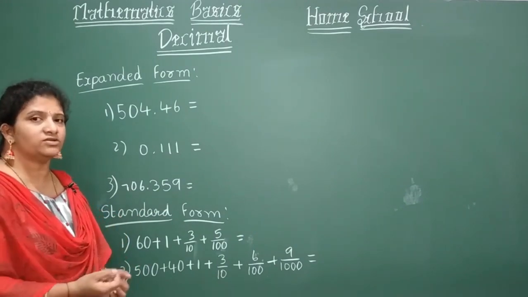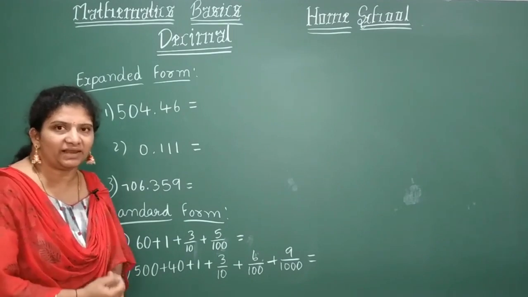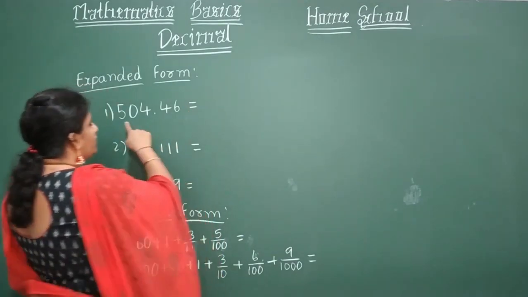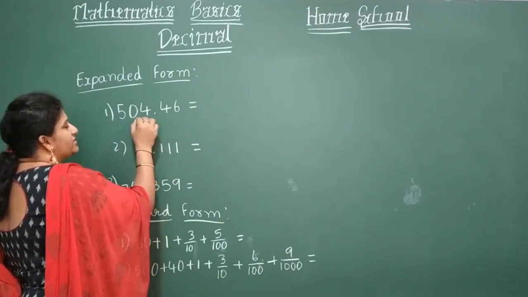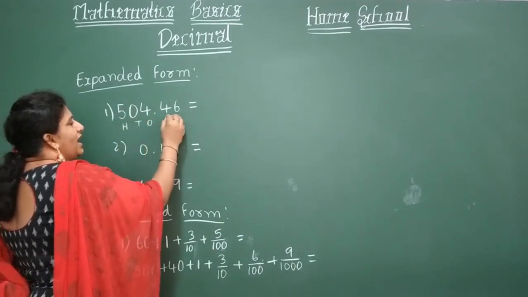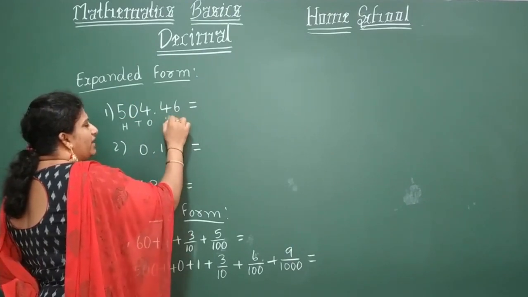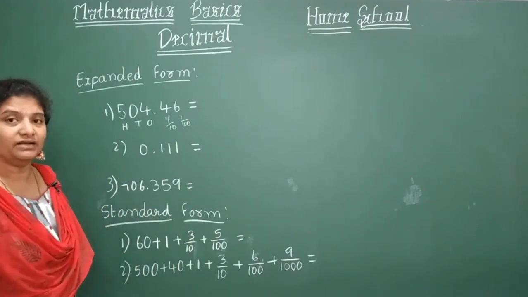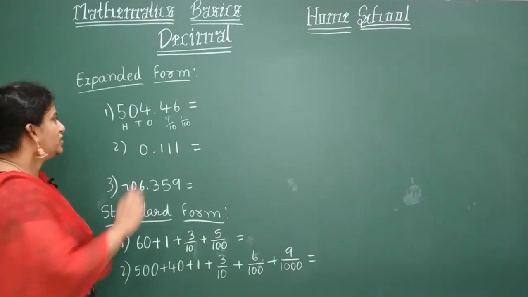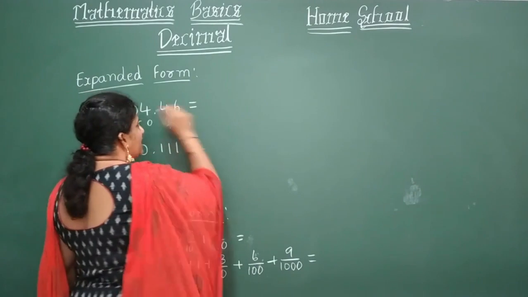Okay, now this standard form of a decimal number, write in expanded form. Expanded form, how will you split, children? According to their place value. Look here, 5. We have to start from here now. If you want, you can write units, tens, hundreds, and this is 10th, that is 1 by 10th position, and this is 1 by 100th. 100th means 1 by 100. So now look here, 5 is in the hundreds place.